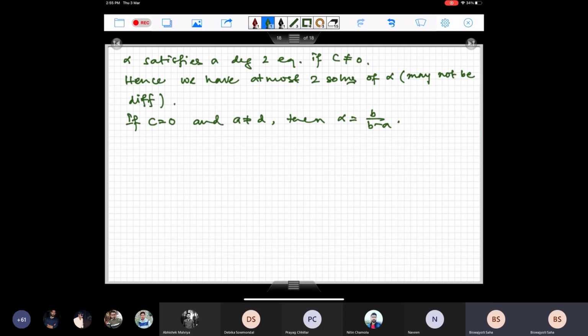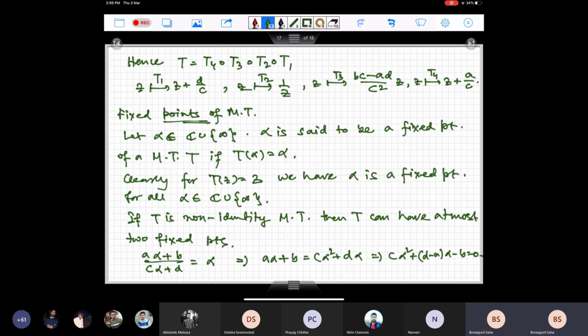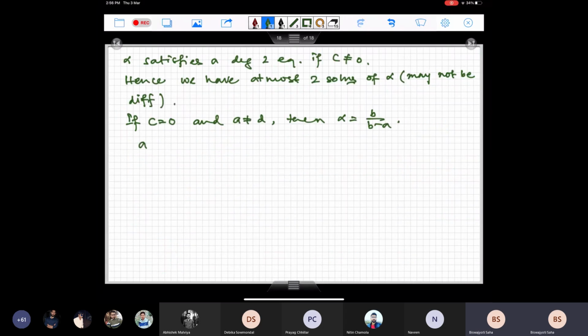So that's your possibility. Here in this particular case, if C is equal to 0, then what is my map? My map becomes AZ plus B divided by D, right?